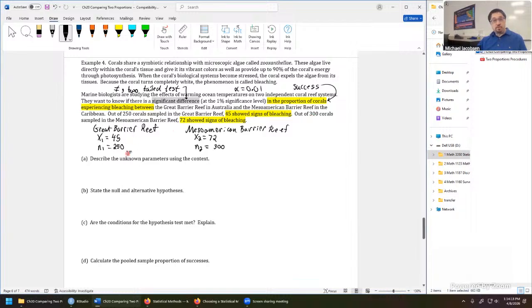So those are our two sets of values. The overall statistics that we'll measure are p hat 1, 45 out of 250, and p hat 2, 72 out of 300. So that's really the same thing the context told us, but writing it down by hand like this, again, either in the margin of the paper, include a little additional space, is a good practice just to kind of think about the context again and internalize it.